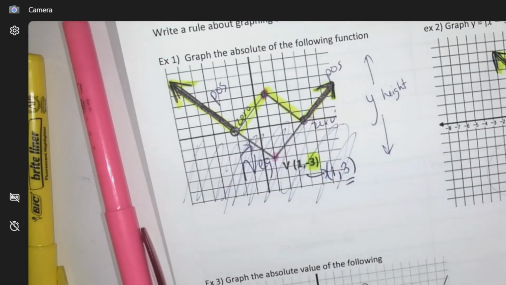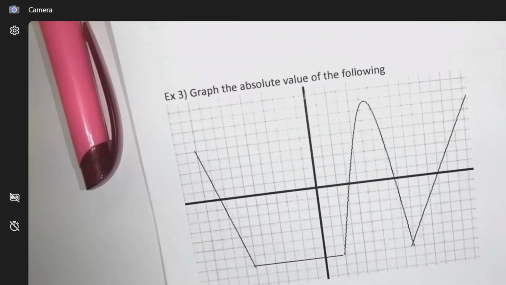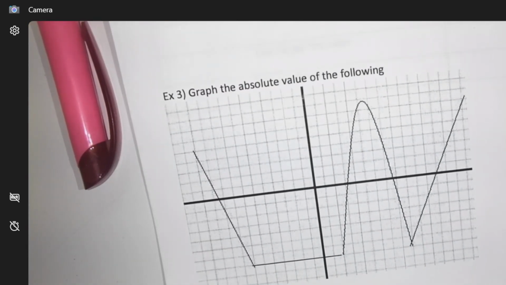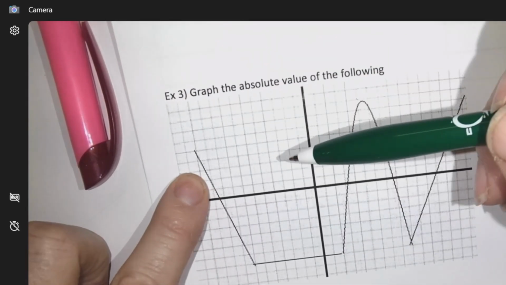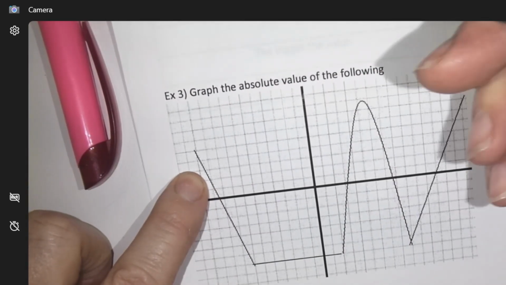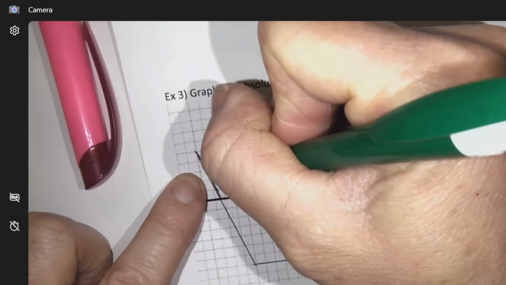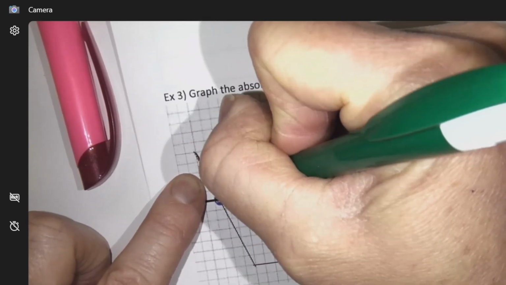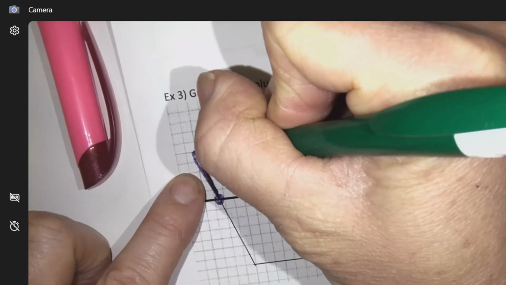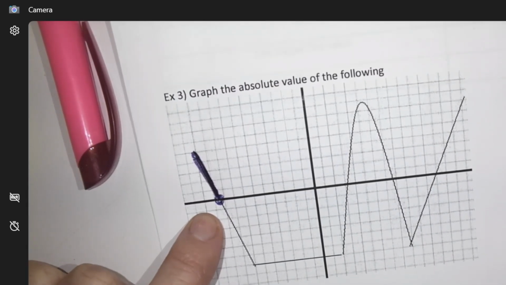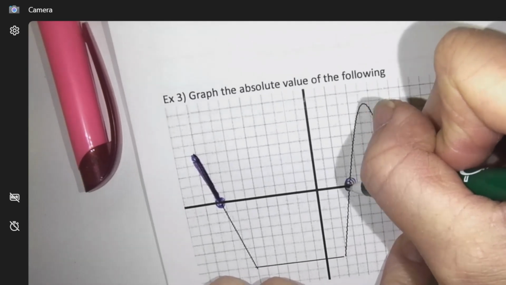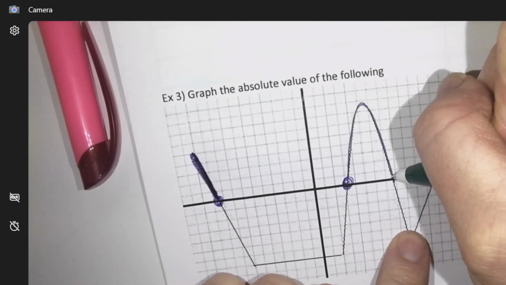Okay, last one. So I gave you just a really random graph, so follow the rules. Ready? This little section here, it's going to stay. This, I'm going to call it a hill.